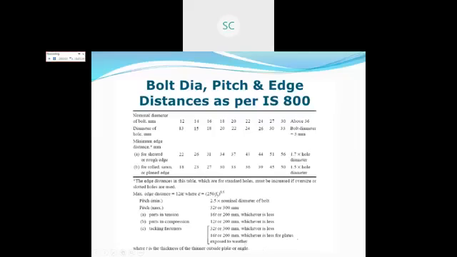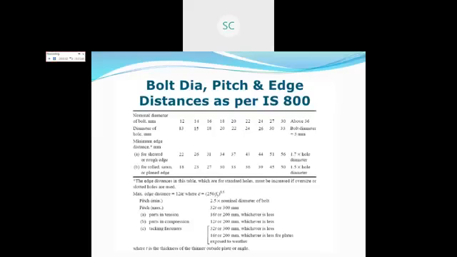So I think I have covered the basic part of the introduction of the design of steel structure, and you should refer to some standard books to know the properties of steel. For the design of steel structure, you refer to IS 800 2007.